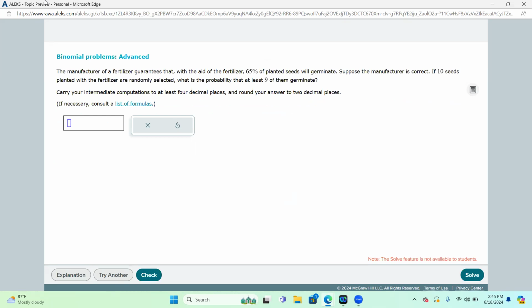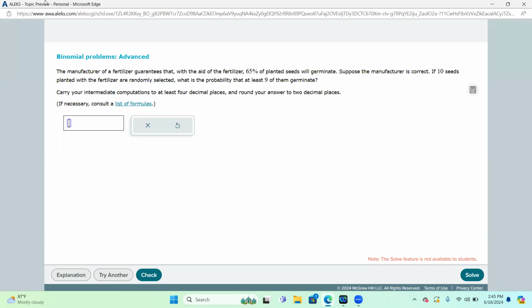Okay, so our probability of success is 0.65, and we're sampling 10, so N is 10, and we want at least 9. So if you look in the notes, at least 9 is the probability that X is greater than or equal to 9, because at least 9 means that we're including 9 or 10.